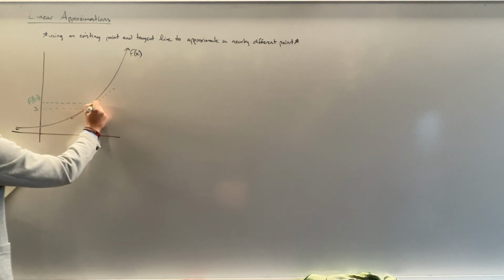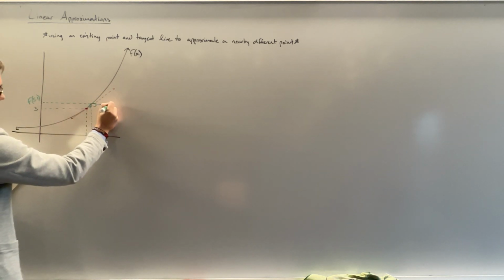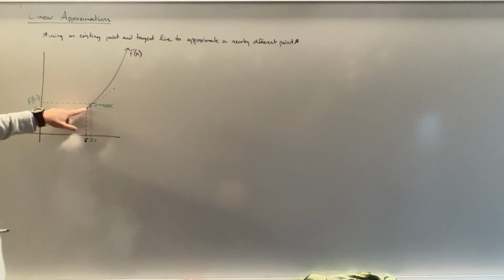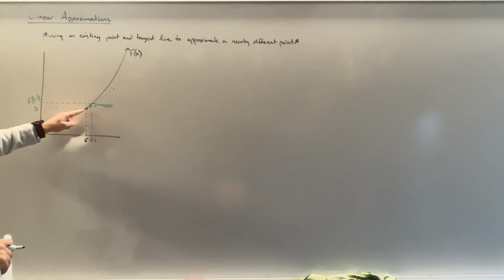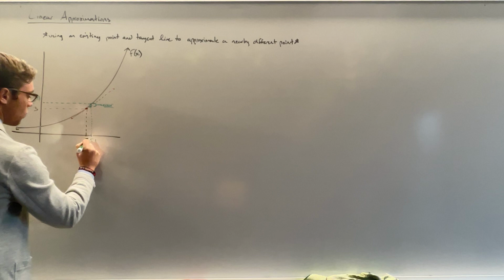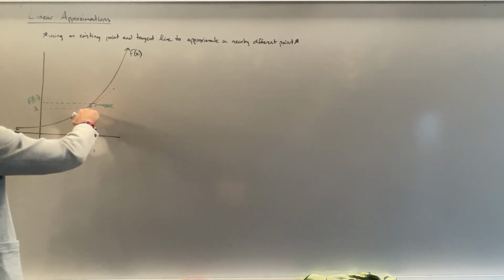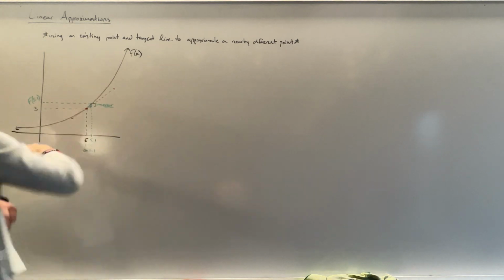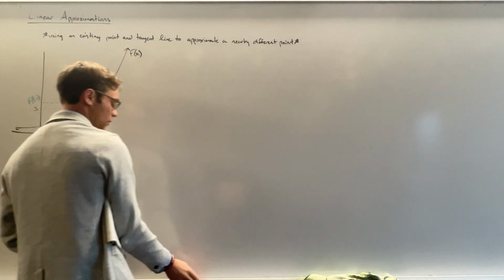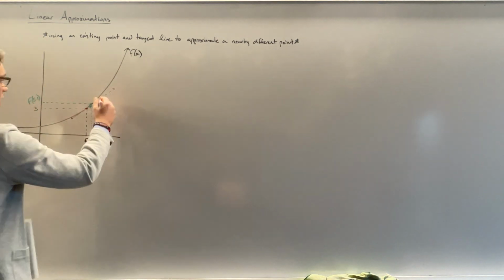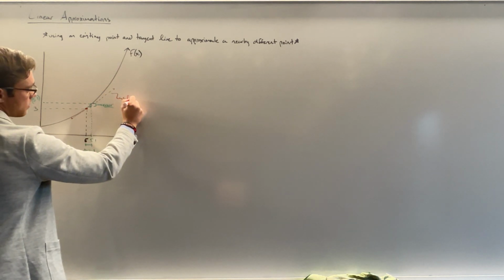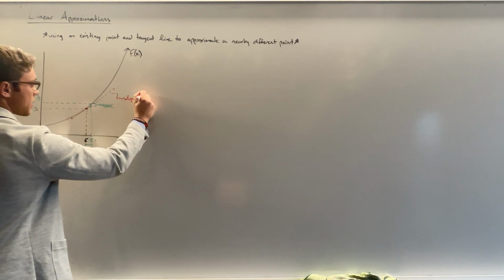It'll give me some error, but I can walk along this red tangent line a distance of 0.1, delta x equals 0.1. If I start at this point and walk along the slope of this tangent line a tiny amount, then I can approximate this value. Let's just say the slope of this line equals 2.